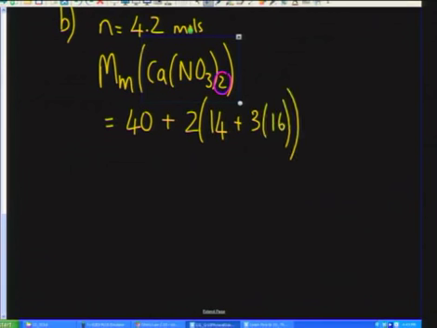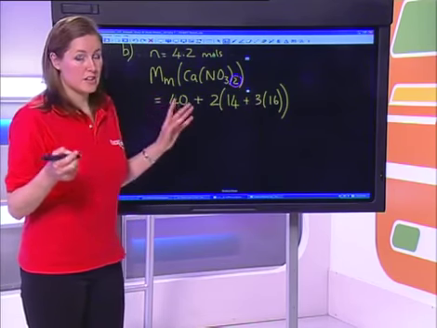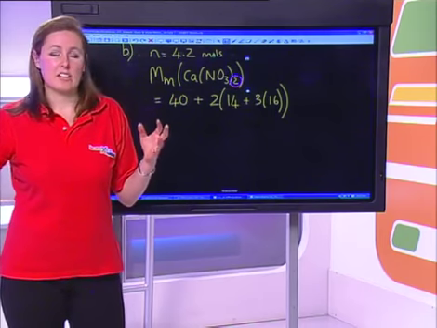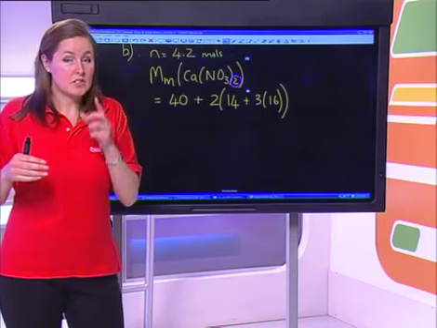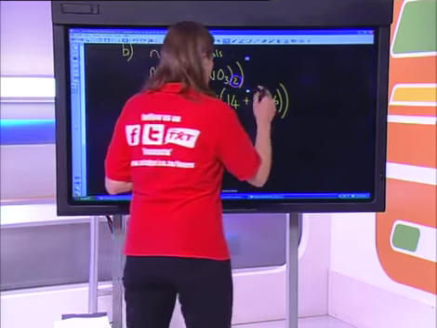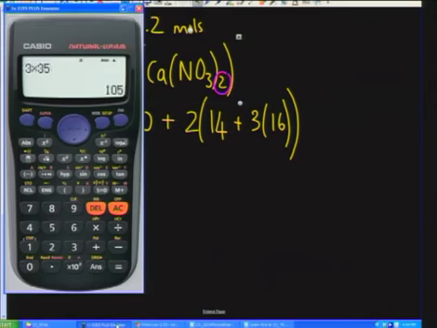Now, I want to recommend that you work out what's inside the bracket first and then multiply by 2 and then go through it. Just check that you're including everything, because sometimes when you just plug things in your calculator, you miss out stuff. So watch out. Think this through logically. Well, we've got 3 times 16, and that's equal to 48.